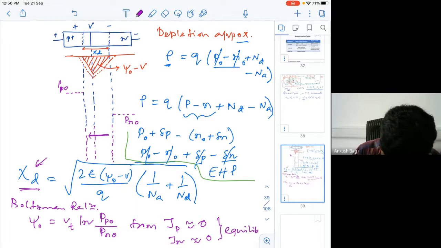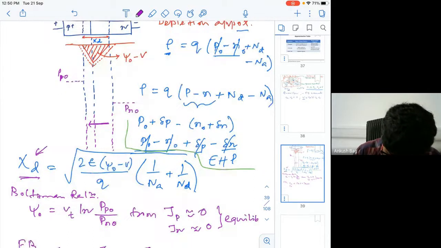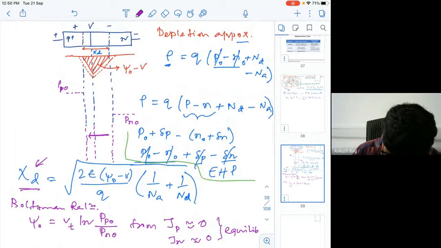I am showing this as a vector quantity, and the length of this arrow represents the magnitude of the electric field. This is the built-in potential from this N side to P side. Here we have donor positive ions, here we have acceptor negative ions.